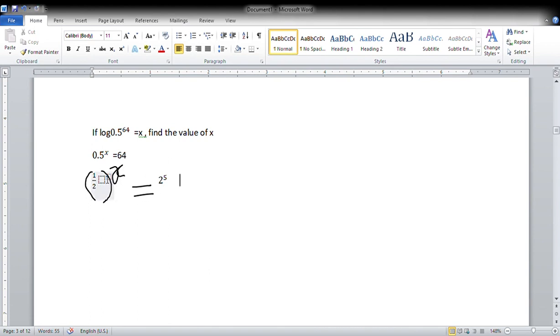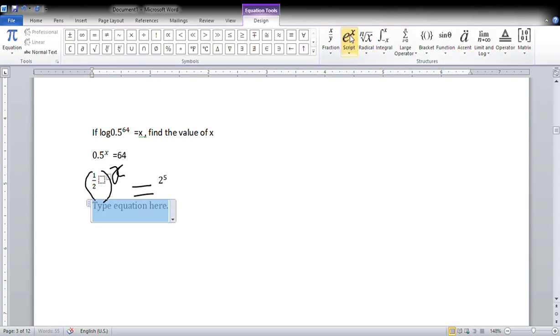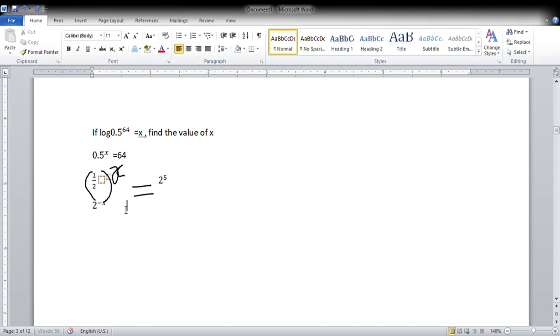And 1 by 2 to the power x, if you want to convert this to numerator and denominator, we can write it as 2 to the power minus x, right? So you can change the sign. Just a minute.